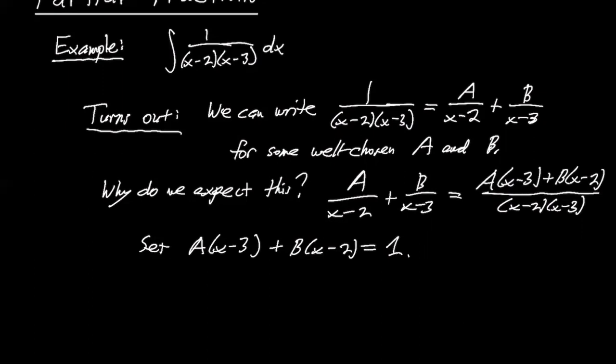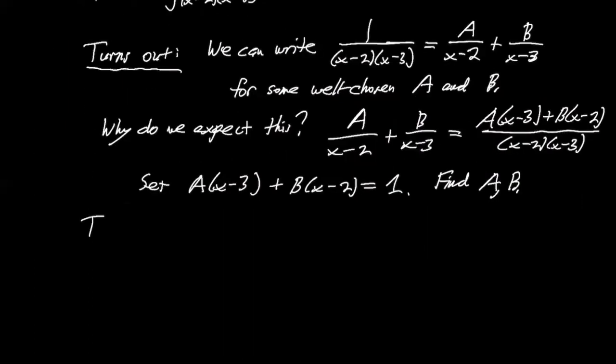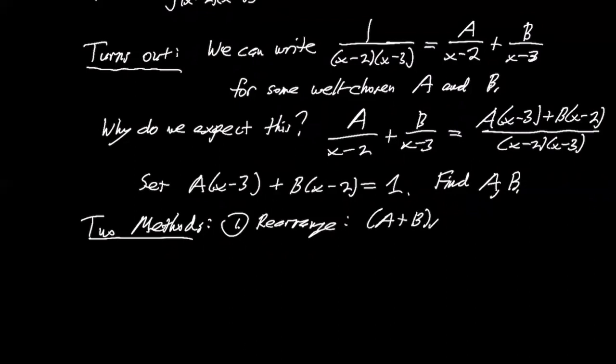I'll show you two ways to find A and B. Again, it's still not even obvious why there should be an A and a B, but let me give you two methods. I like the second method more, but the first method gives you a better sense of why this is true, or why you can find the A and B. If we rearrange, we really have Ax plus Bx, so that's A plus B times x.